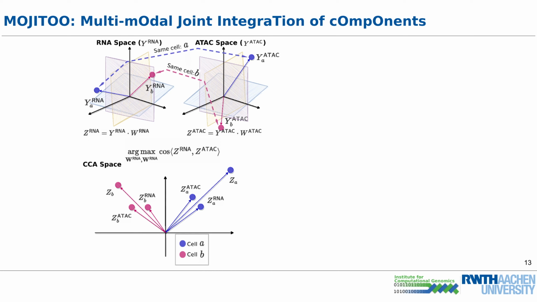CCA is to find a transformation to minimize the angle between zeta RNA and zeta ATAC. We add up the canonical components of a cell from RNA and ATAC as the MOJITOO coordinate in CCA space.